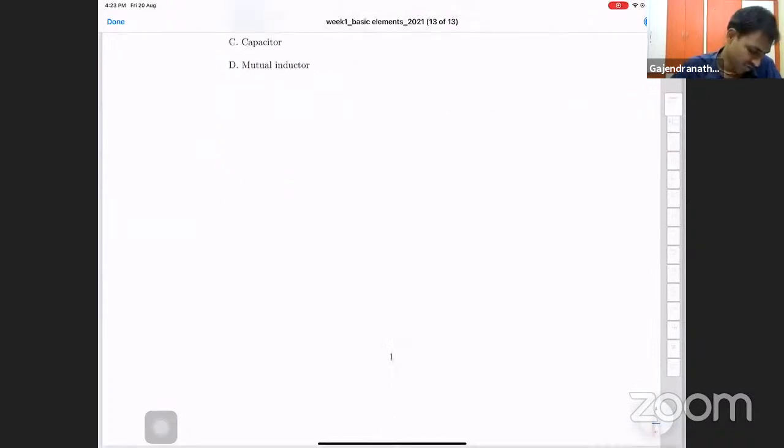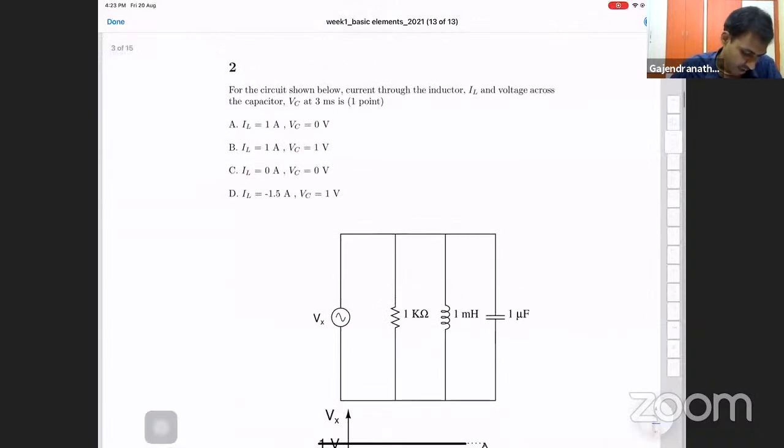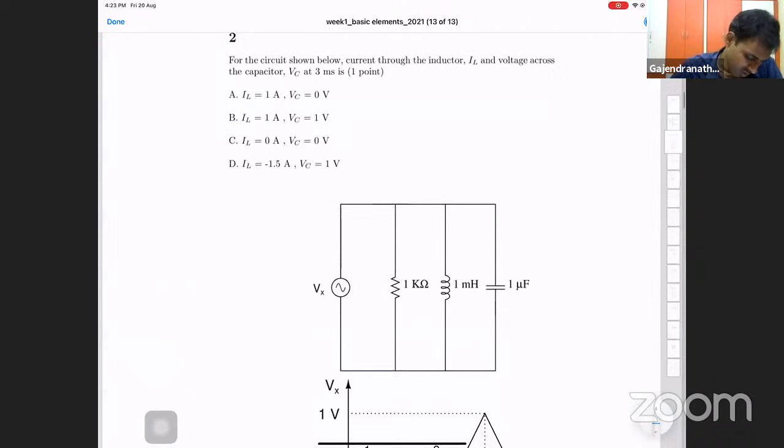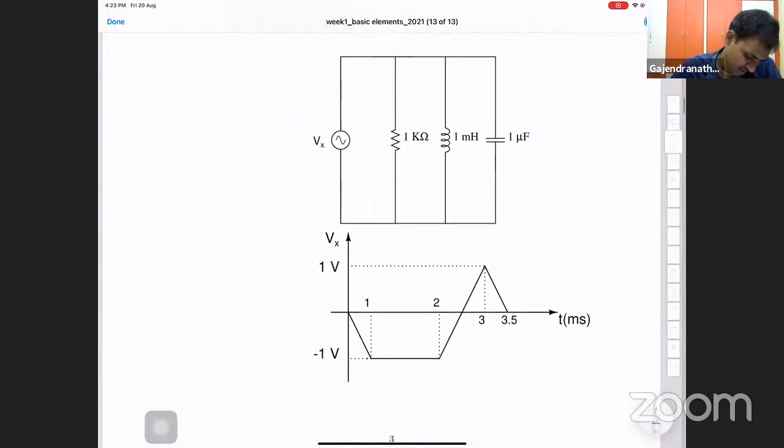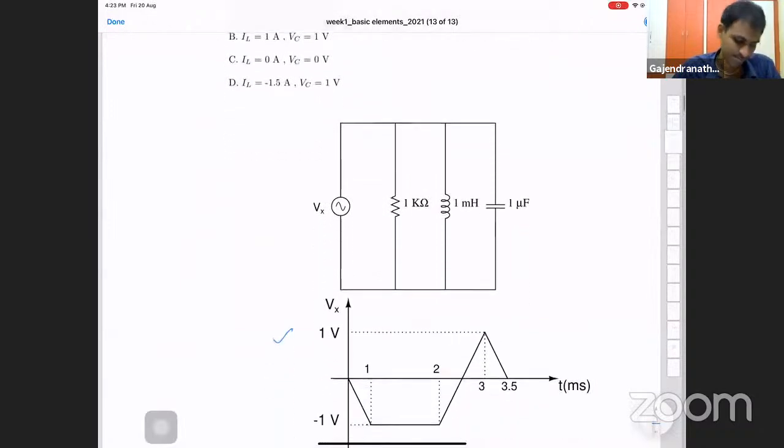Okay, now let's go to the second question. It's a very easy question. For the circuit shown below, we want to find the current through the inductor IL and the voltage across the capacitor VC at 3 milliseconds. The voltage across the inductor is given as a waveform, and we want to find the current through the inductor.